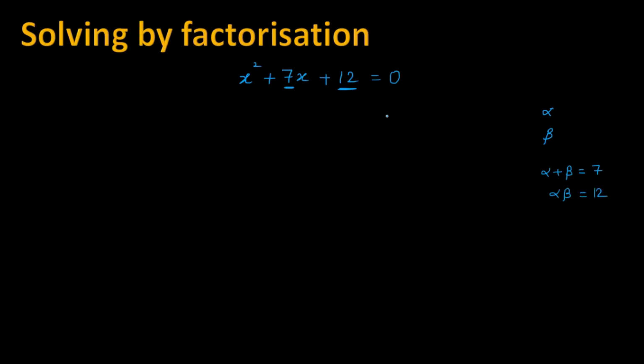You can directly simplify this, or you can use the hit and trial method. So we know that numbers 4 and 3 add up to 7, and when you multiply them, it gives you 12. So we can write x square plus 4x plus 3x plus 12 equals 0.